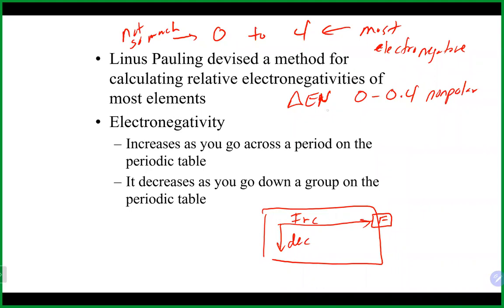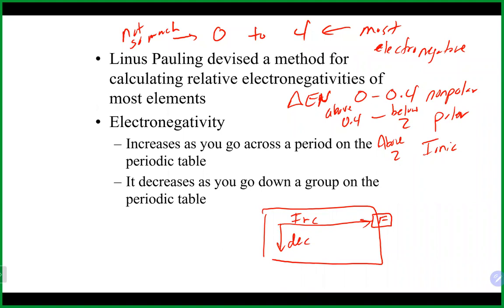If you're above 0.4, which is usually 0.5, to below 2, that is considered a polar covalent bond. And if you're typically above 2 and it's not perfect, it is typically an ionic bond. You don't really need it for the ionic bond, as I mentioned. As long as it's a metal and non-metal, it's going to be an ionic bond. But those are the general cutoffs when you're using electronegativity values.